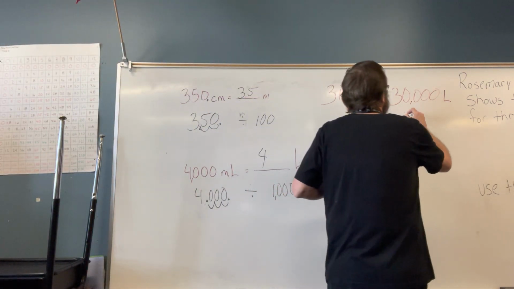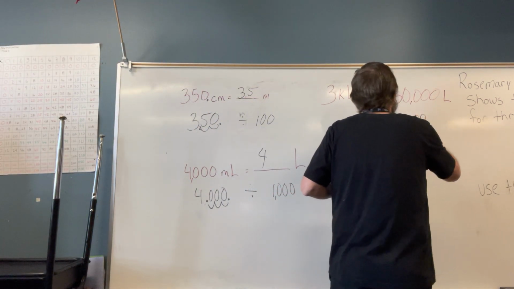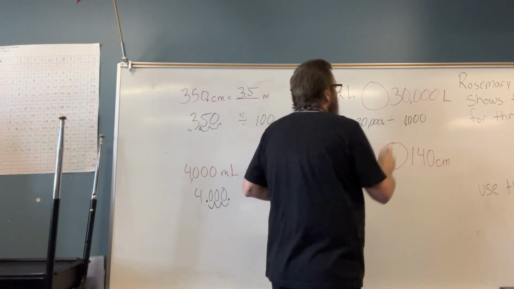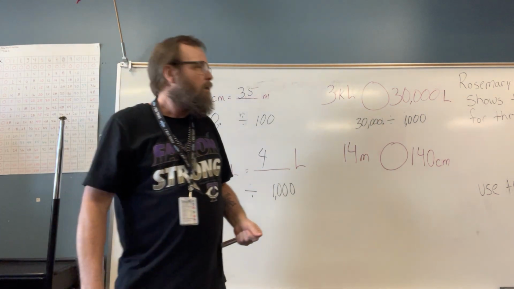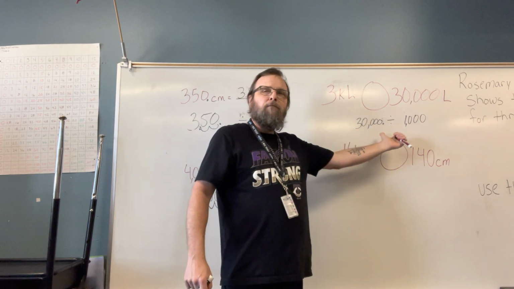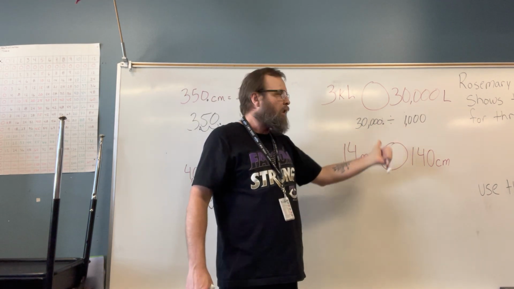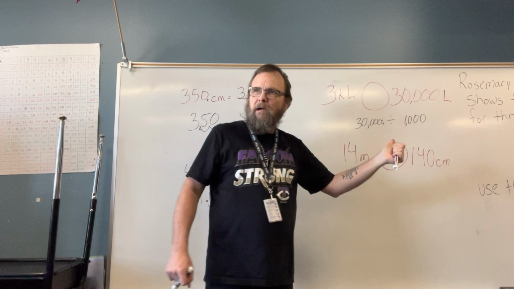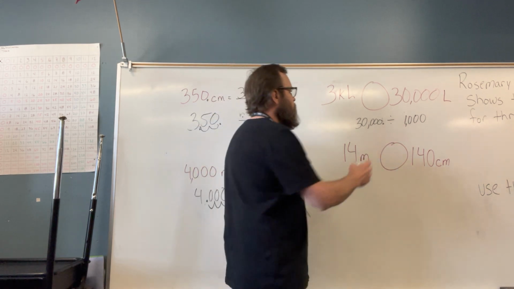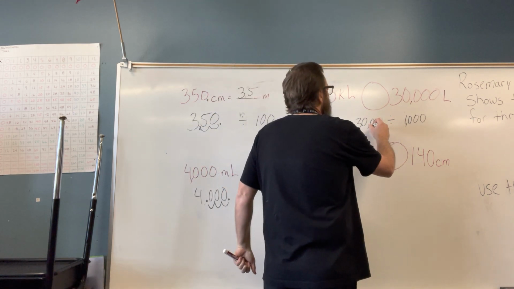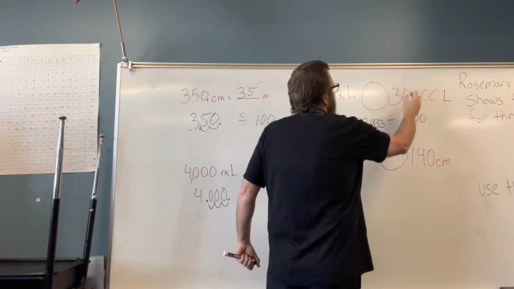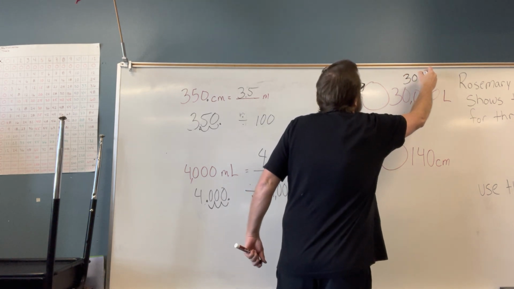So that means we're going to divide by 1,000. My decimal point's always behind the ones place. If I'm making it smaller, I have to move my decimal point which way? Left. How many times? 3 times. So 1, 2, 3. So then this becomes 30 kiloliters.